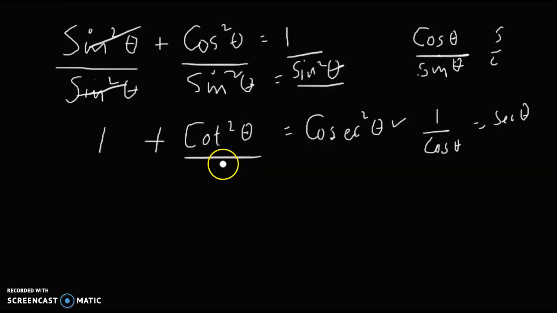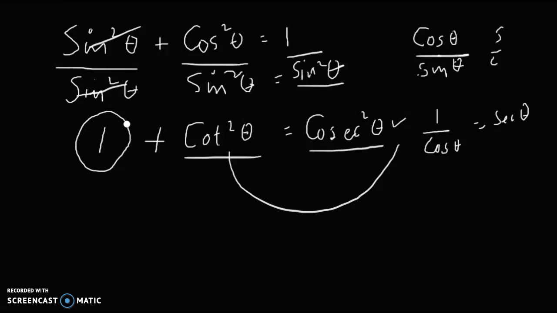Now suppose you have said that cosec square theta minus cot square theta is equal to 1. So that is another form of this. Okay, we have brought cot square theta here. So cosec square theta minus cot square theta, so 1 will remain, is equal to 1.